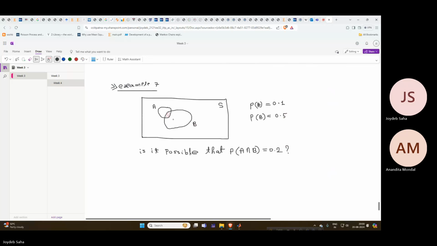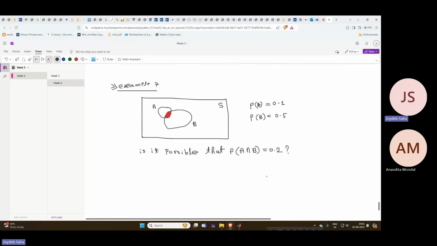And now if we say that probability of A intersection B is this area, or rather mark it whole as red, I am saying that the probability that any element we are choosing from this whole entire area, this A, is 0.1, and now I am saying that the probability that any element we are choosing from this much area, which is less than this entire area, is 0.2.